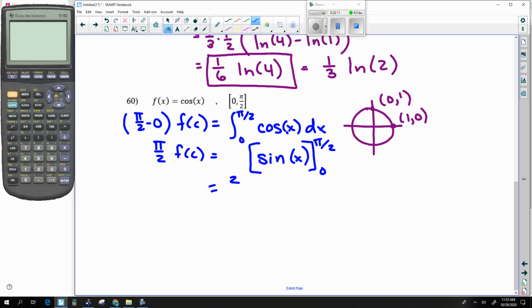Multiply by the reciprocal, so this is 2 over pi. And sine of pi over 2 is 1 minus 0. So this is going to be 2 over pi. Average value. So the rectangle is equal to the curve.